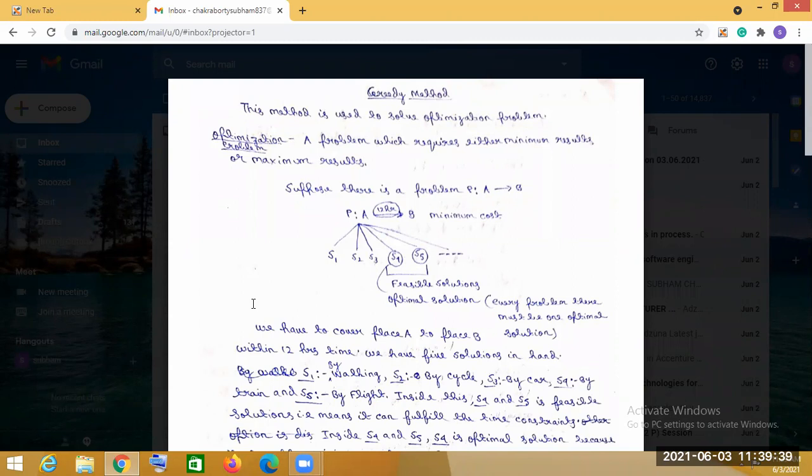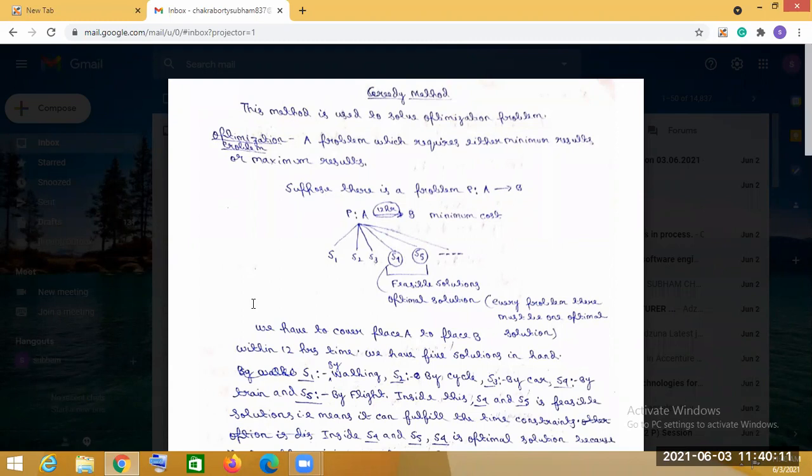So if we convert it into a real life problem, some problem will be given. This problem can be solved in many ways, but a constraint or a condition is given. We have many solutions present, but those solutions which satisfy the condition, we will choose.